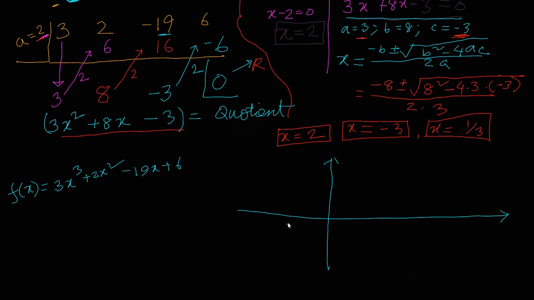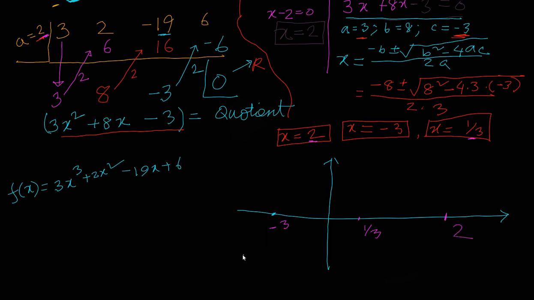So what are my x intercepts? One is negative 3, another is 1/3, and what is the last one? x equal to 2, so this is my x equal to 2.